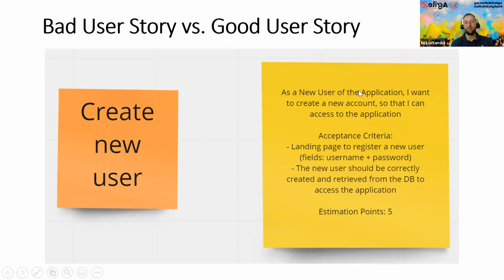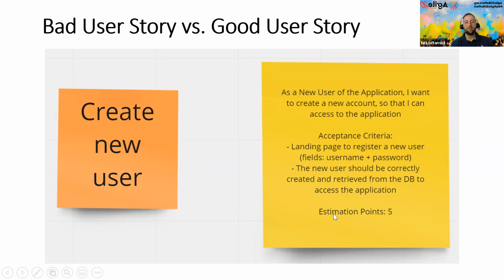So we have the user, we have the what, and we have the reason. That's fine. And after that, we have acceptance criteria. So landing page to register new user, fields should be username and password. And the second acceptance criteria is the new user should be correctly created and retrieved from the database to access the application. That's reasonable.